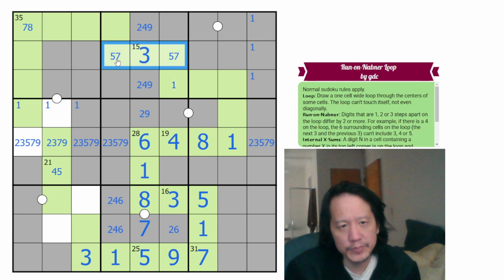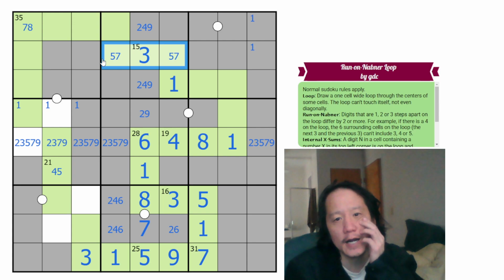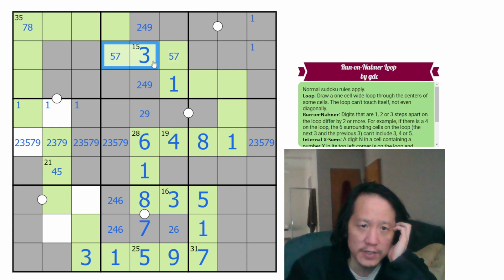It cannot be 2, 3, 4, 5, 6, 7, or 8. And it can't be 9 because of this 9. So this has to be a 1. Right? Because it has to be not consecutive with 5 or 7 either, because it sees both of these cells 3 digits away on the loop.